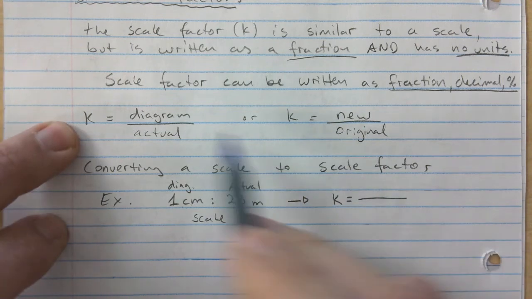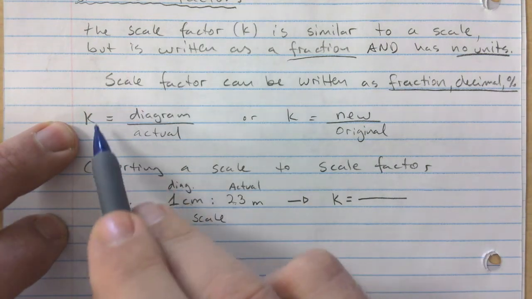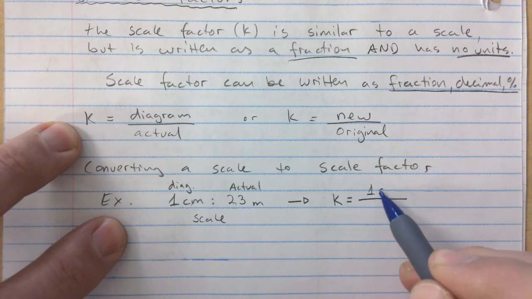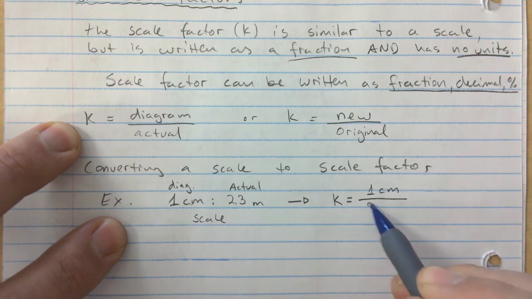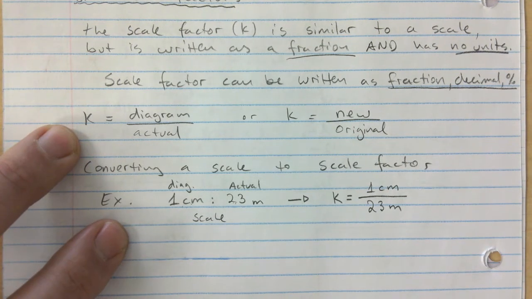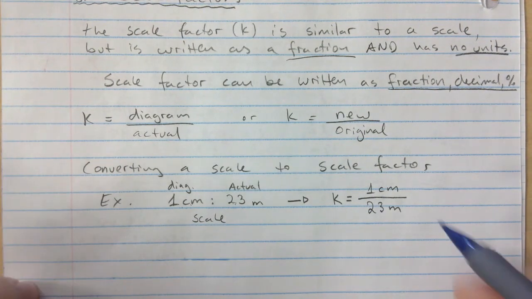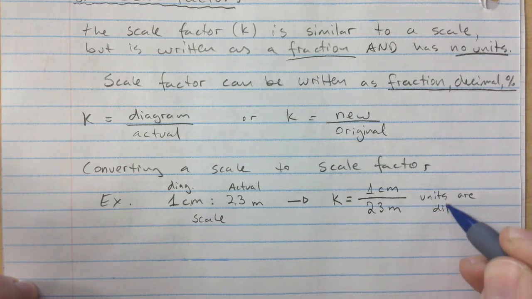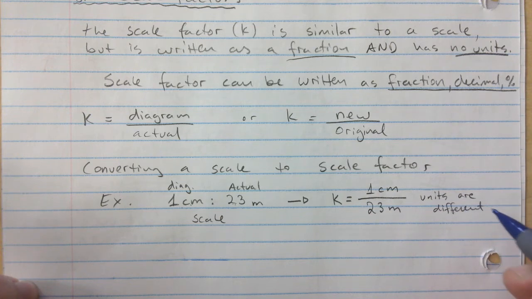So now that we're writing it as a scale factor, we want the diagram measurement on top and the actual in the denominator. But notice that the units are different, right? So we need to convert.